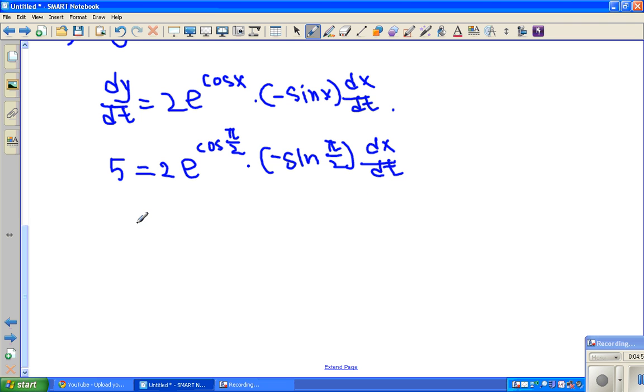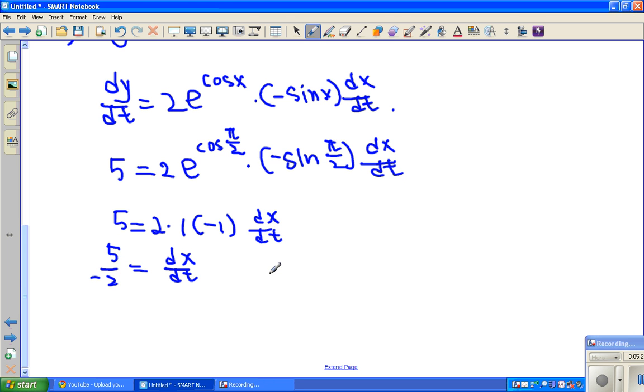Here we get to realize the left side is still 5, but on the right side 2 stays, this portion becomes 1, and this portion becomes negative 1, and dx over dt. Meaning dx over dt will now simplify to 5 over negative 2.